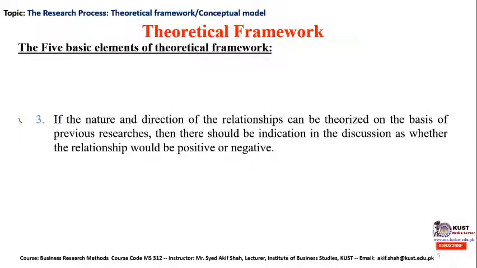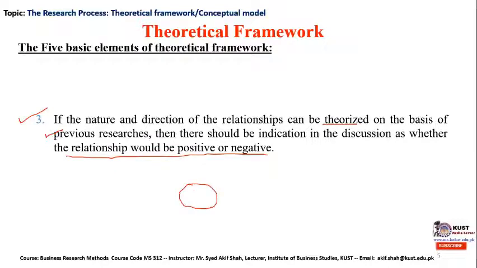The third point is, if the nature and direction of the relationship can be theorized on the basis of previous researches, like the variable we have highlighted in our theoretical framework with the help of previous researches or the study of literature review, then there should be an indication of the direction as to whether the relationship would be positive or negative.